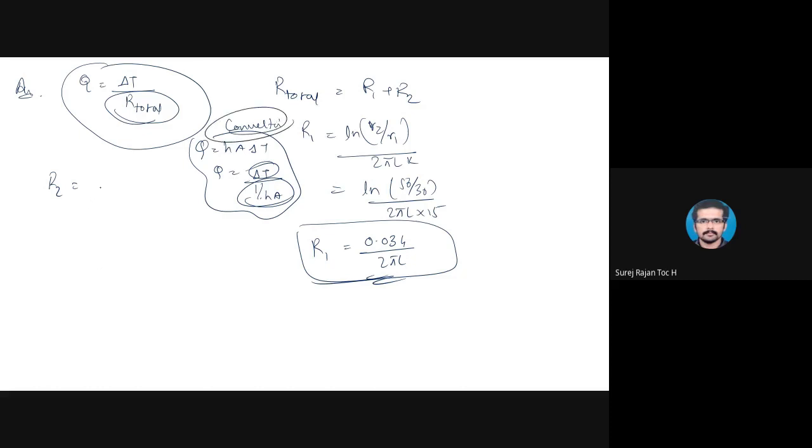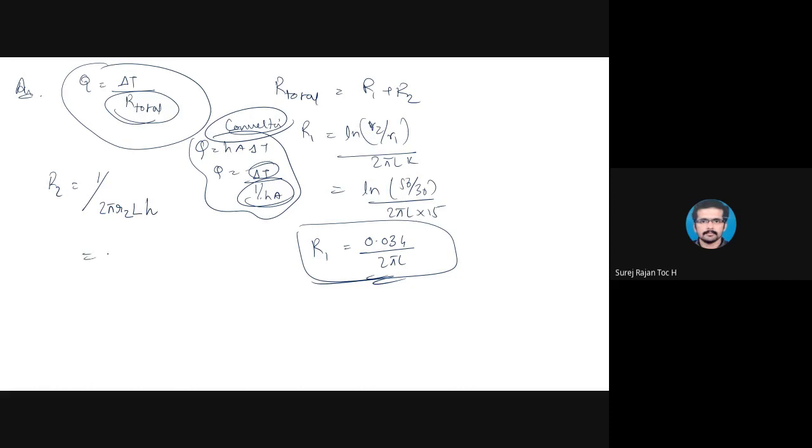So R2 is 1 divided by 2 pi r2 into L into h. That is the resistance offered by the convection mode.